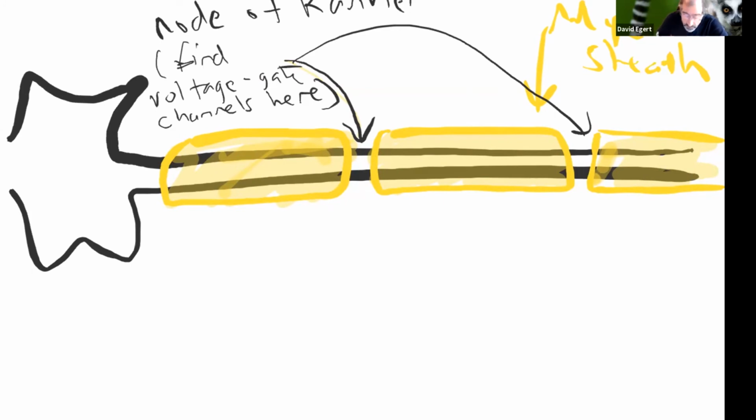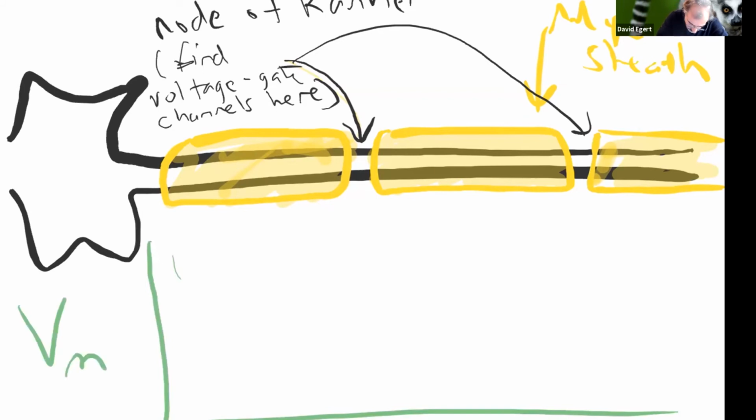So the way this is going to work. This is the voltage on the membrane, and my axis is actually just the physical distance along the length of this. So let's assume here's the hillock. Let's assume we have an action potential get started there.